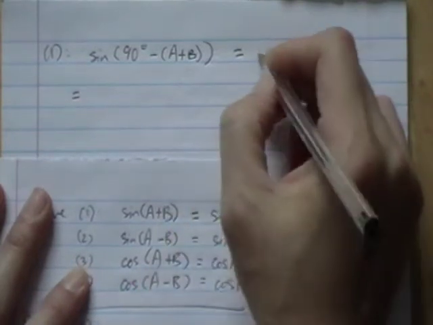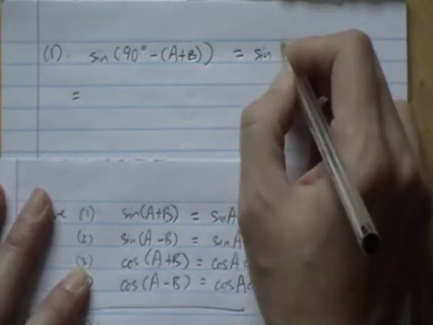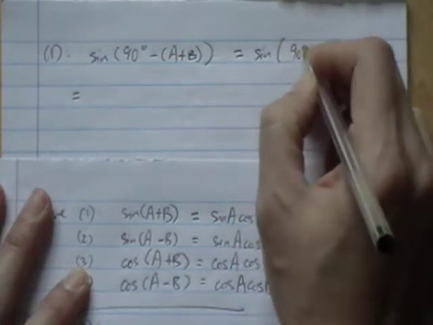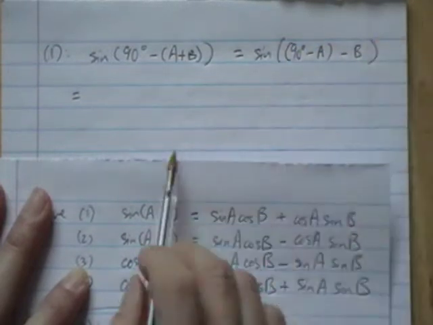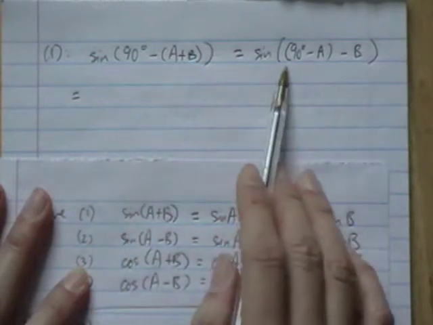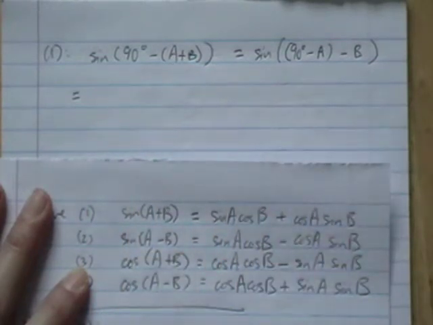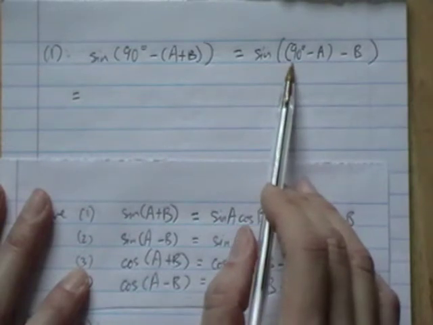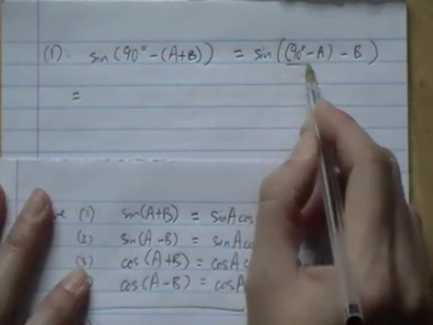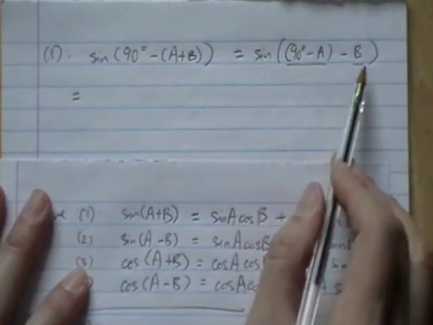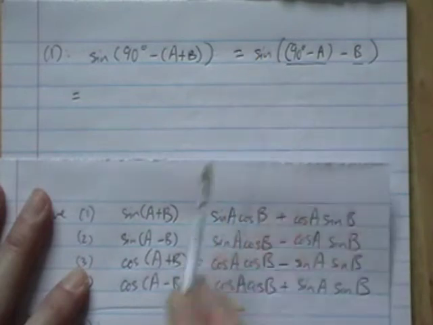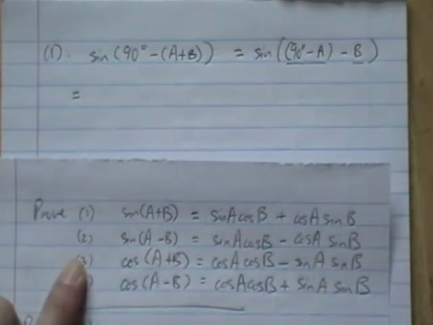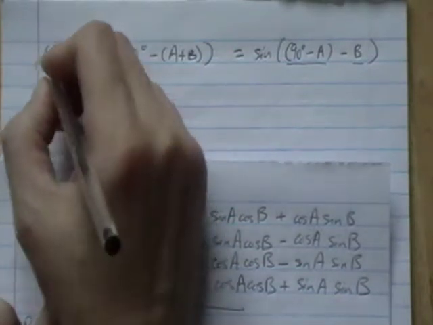So I'm going to write this as sine of, say, 90 degrees minus A minus B. Okay, I'm going to rearrange it this way. So now I'll think of this as one angle and this as another angle. So angle minus angle, which is with a sine of an angle minus angle, which is actually identity 2. Right, so I might actually use 2 instead of 1.